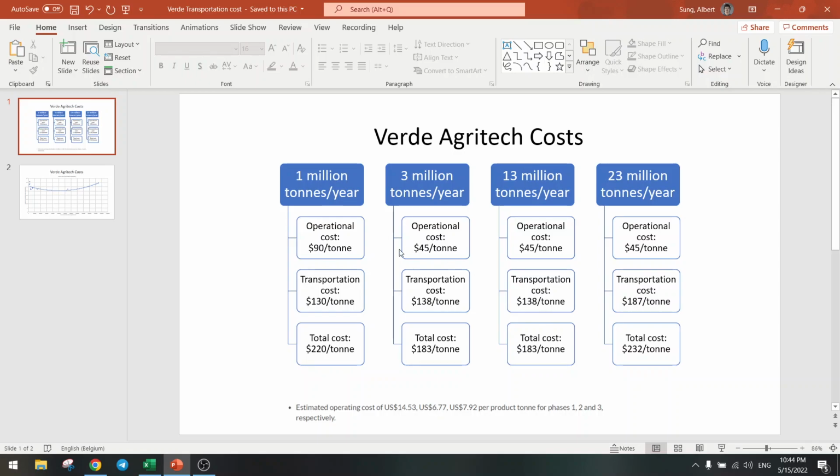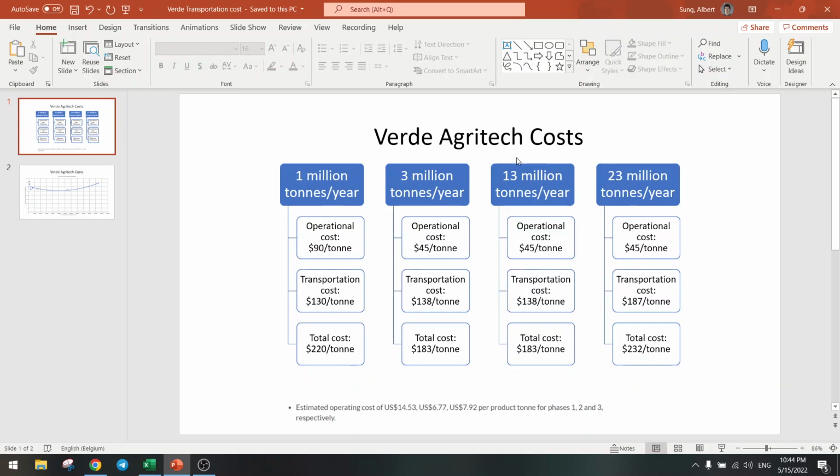It's actually going to go down because we go from 90 to 45 operational cost. So you can see here that the total cost is actually going down by about 20%, okay? From 220 to 180. That's 20% down.